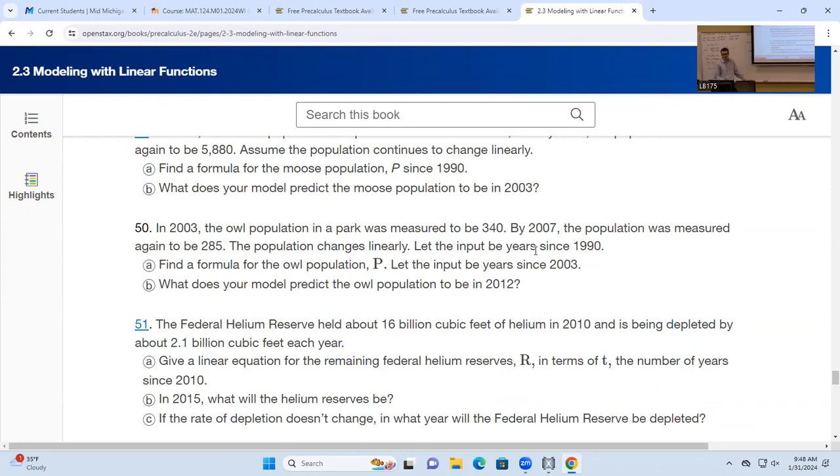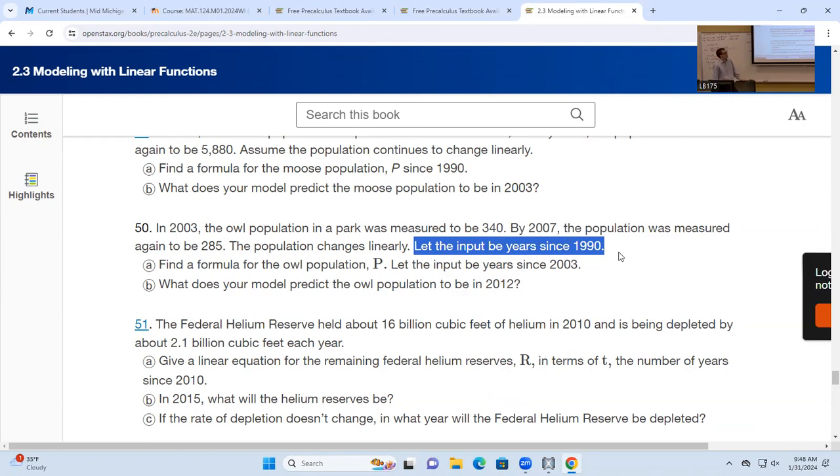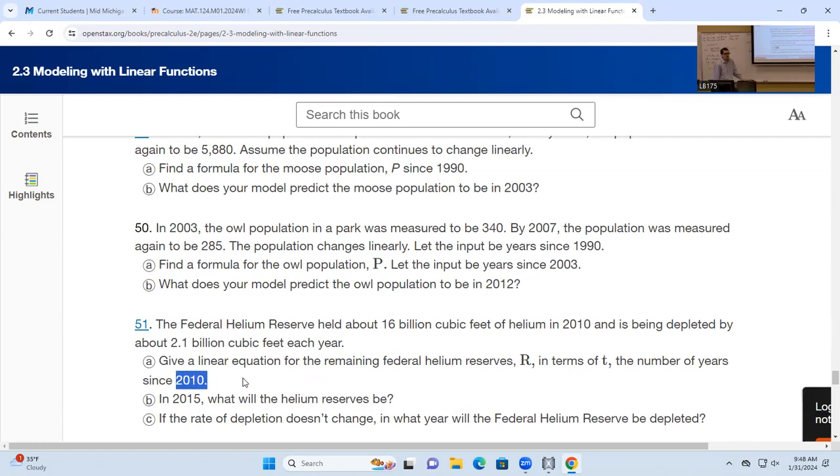So when you're making your points, most times when you're given a task to create an equation, they'll tell you where the starting year is. In this case, it was 1990, all right? In this case, notice t is the number of years since 2010. So 2010 was time of 0. All right.